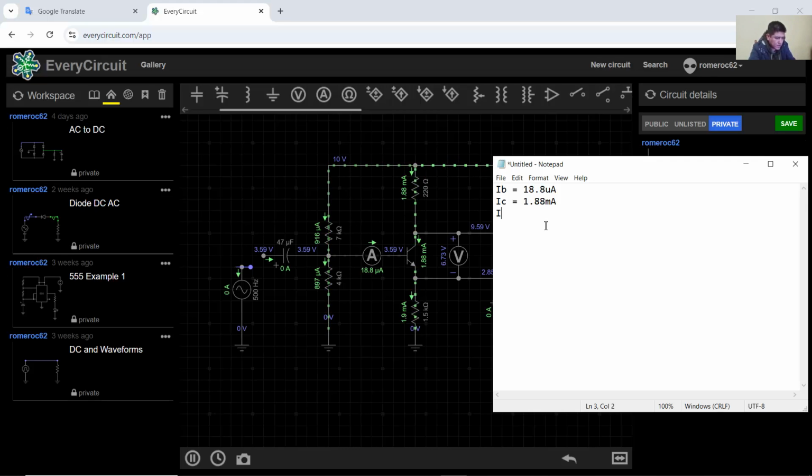And the current in the emitter is 1.9 milliamperes. Okay. And also the voltage between collector and emitter is 6.73 volts. Okay, very good.